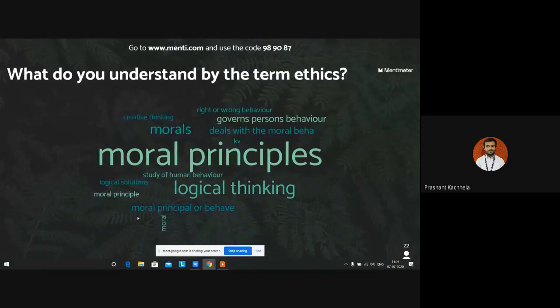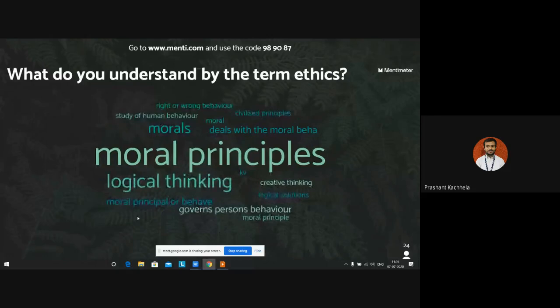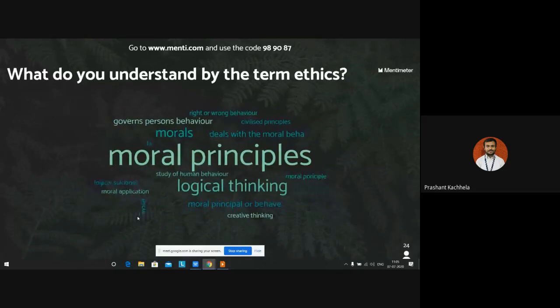So Mentimeter is giving us the freedom of collecting everybody's reply, and they are presented in a different way. Okay, some people are saying creative thinking, and how ethics is related to creative thinking, I don't know, but okay. And some people are saying civilized principles.